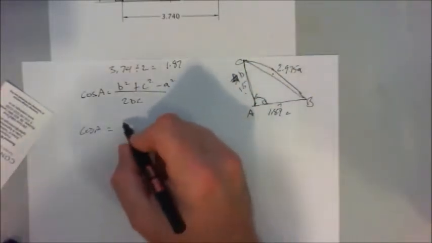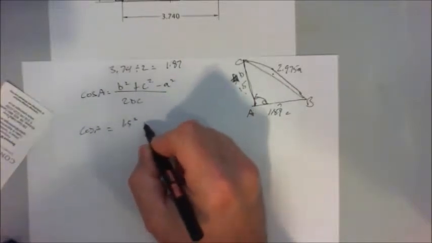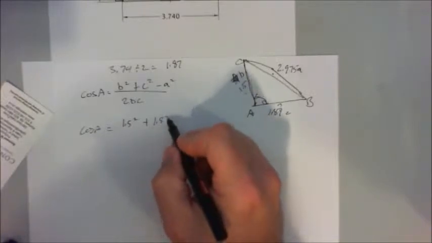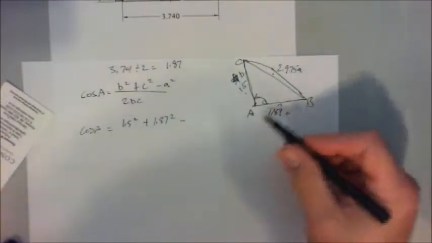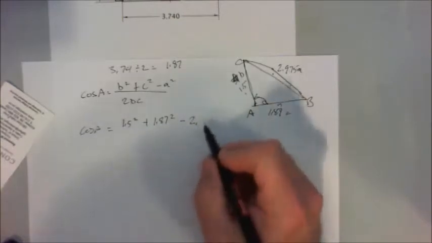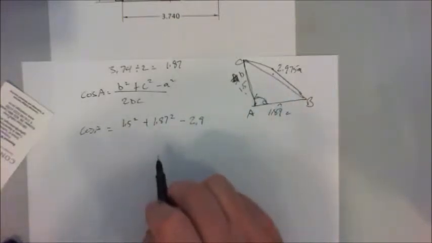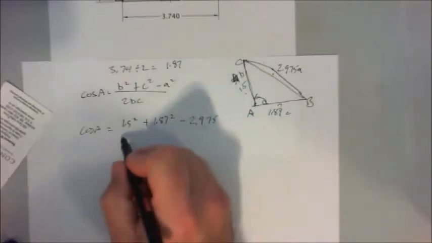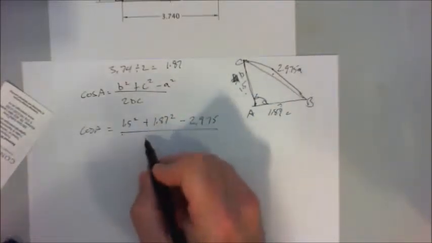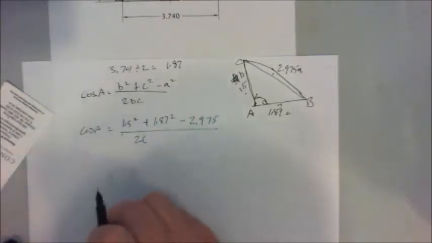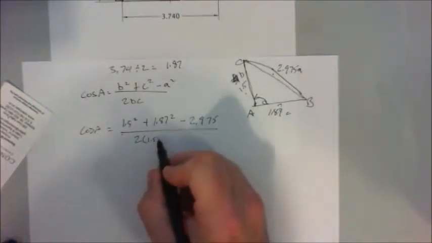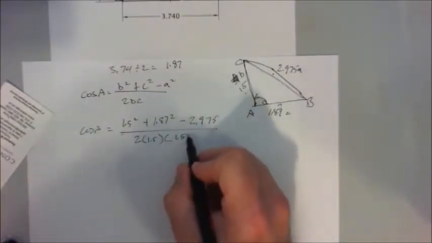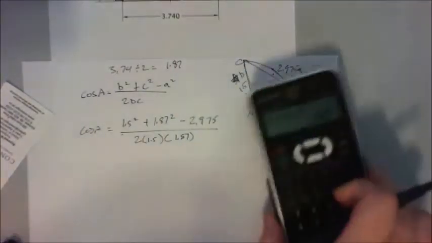So we're going to say 1.5 squared plus C 1.87 squared minus A squared, which is 2.975 over 2, B 1.5, C 1.87. Do the bottom one first.